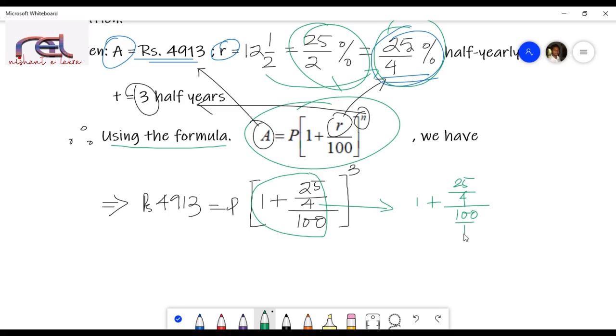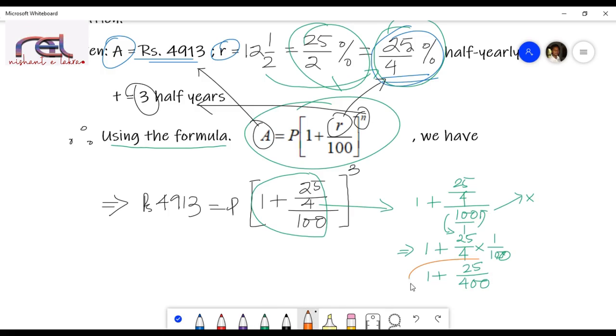So you know by default the denominator will be 1. 1 plus 25 by 4 into, we reciprocal the denominator, that will be 100 by 1 changes to 1 by 100. And so we get 1 plus 25 by 400.